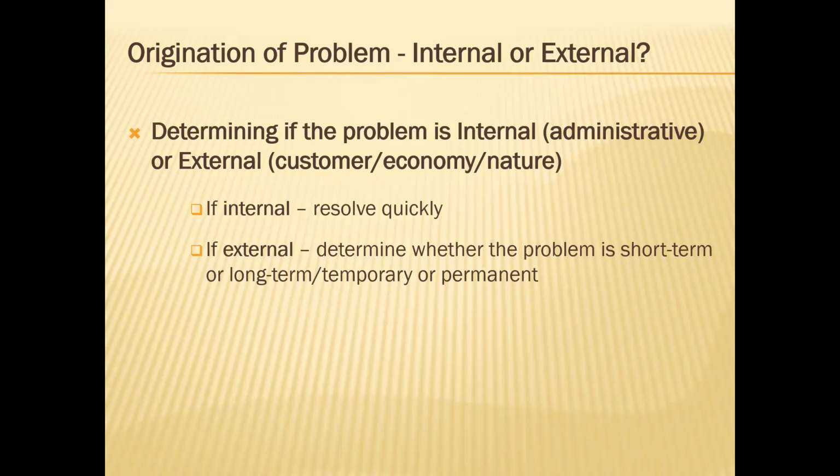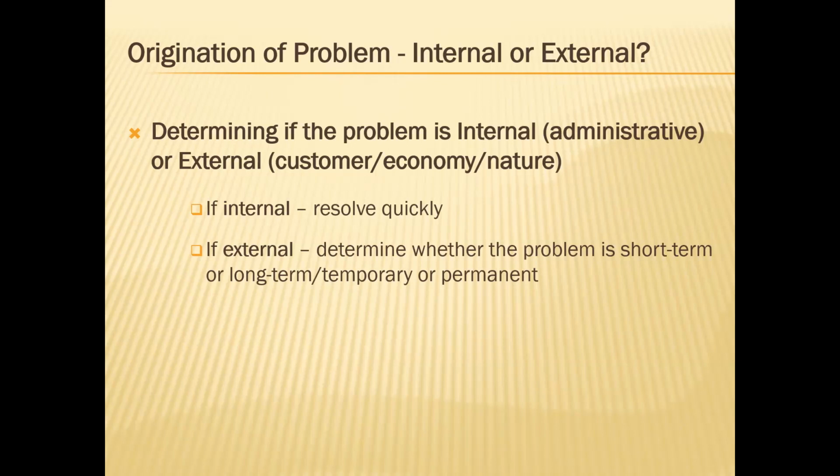It is due to the customer not paying or something going wrong in the economy, or some act of God. I don't like using the word act of God, so I use the word nature. Okay, that's hurricanes, floodings, that kind of thing. Okay, or wildfires, which are prevalent in California. So again, we need to determine if it's internal or external.